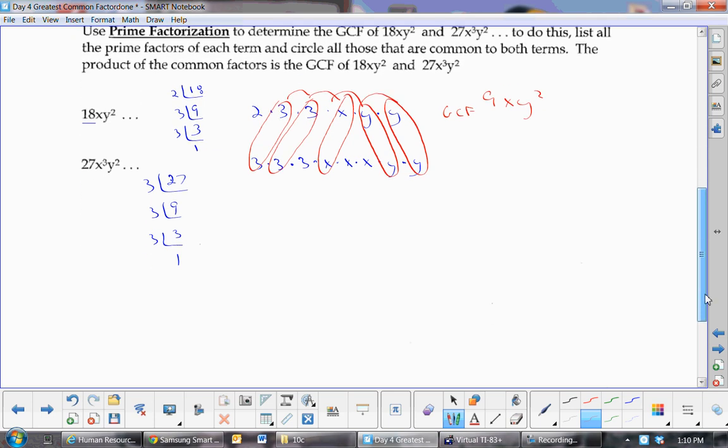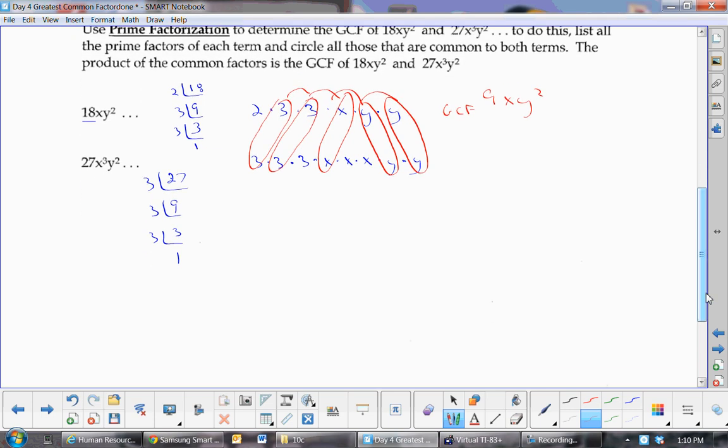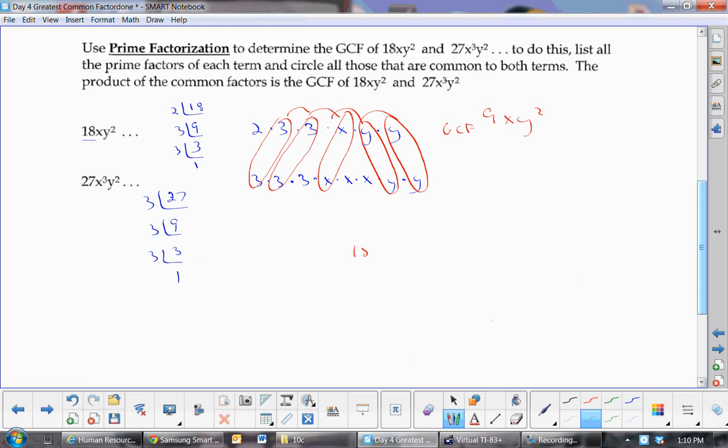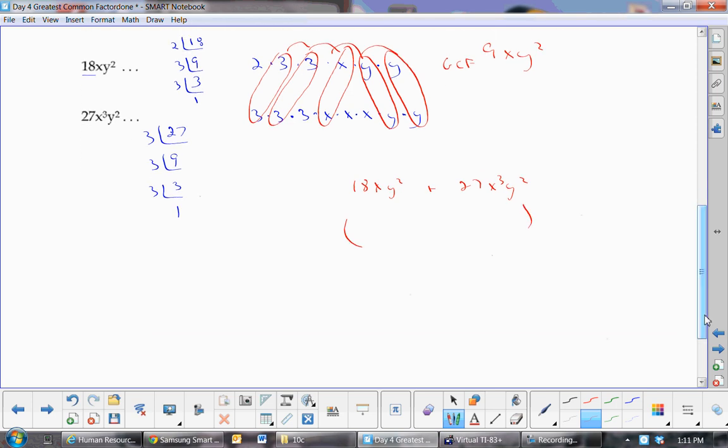Now, this is the way. So you'd go 18xy squared, and let's say it was plus 27x cubed y squared. So you go like this. What is the greatest number that they have in common together? 18 and 27.